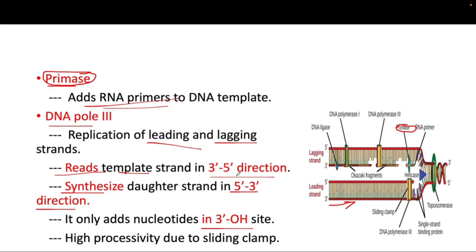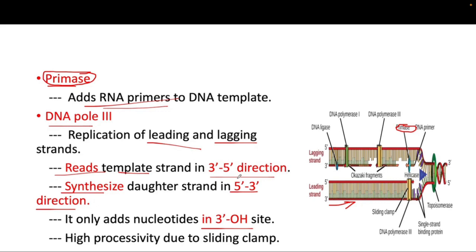One more thing to note here is that DNA polymerase 3 has a higher processivity. Now what do I mean by processivity? Processivity means that once this DNA polymerase is attached to the parental strand and starts making the new daughter strand, it has a tendency to hop off and prevent the replication from occurring.